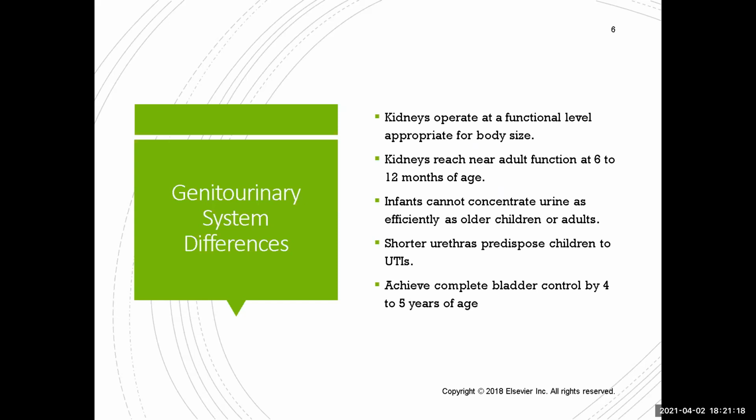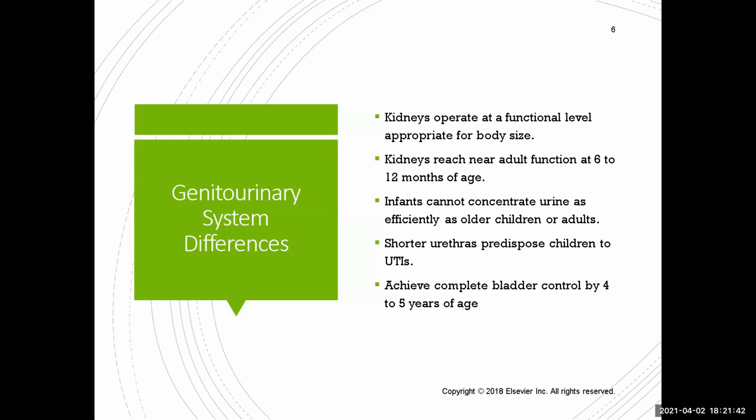So the difference in the GU system in a child is that the kidneys are small in a very small child, and they function at the size for the body size.